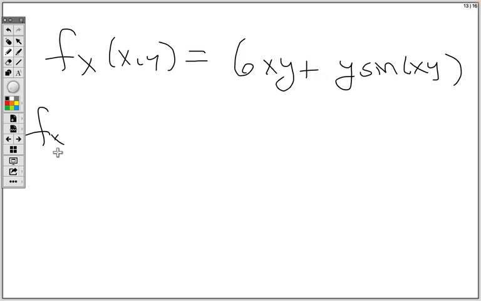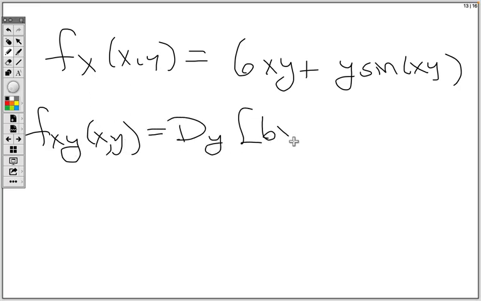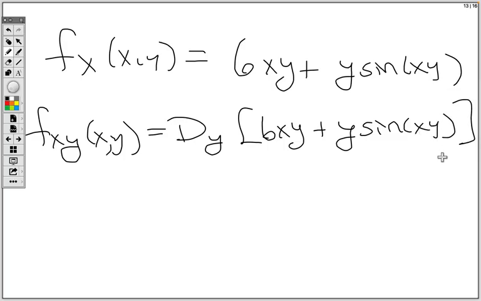And now fxy means I'm going to take the derivative with respect to y. And if I'm taking the derivative with respect to y, then that means I'm treating who as a constant? All the x's are constants.